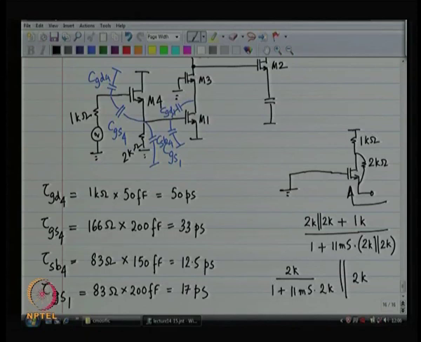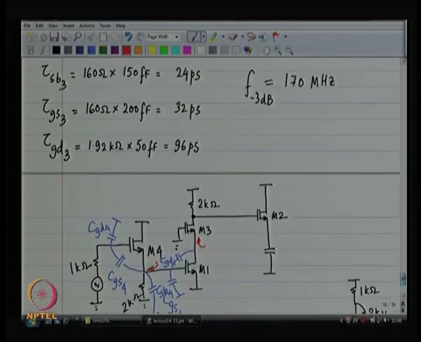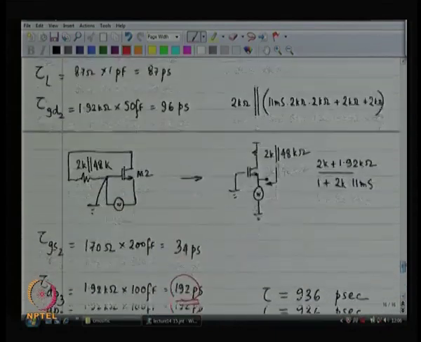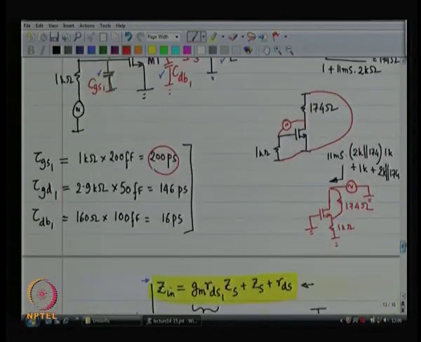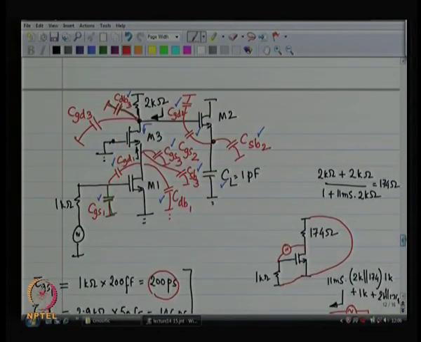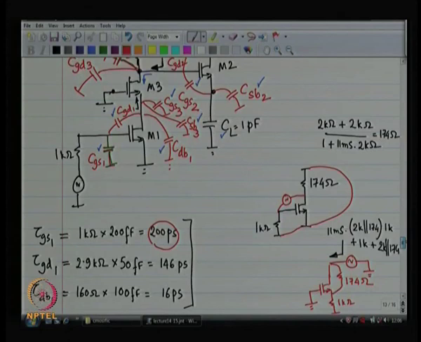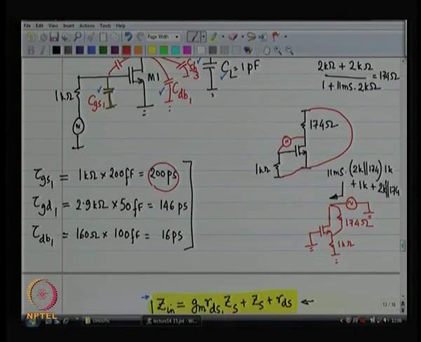Gate to drain of device number 1, you've got to remember that looking this way you are really seeing 83 ohms. Looking upwards, I've forgotten my numbers. I think it was 174 ohms, that is correct. So, this is how we had computed for gate to drain of device number 1, and now instead of this 1K over here, what we have got is 83 ohms.